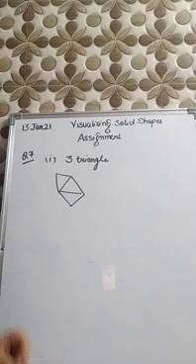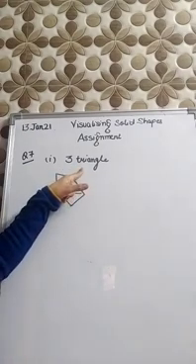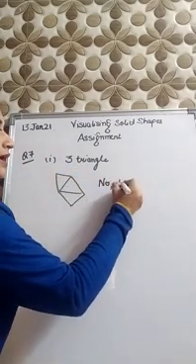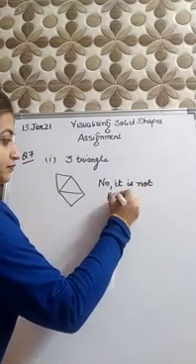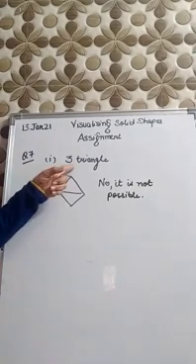At least 4 triangles, 4 faces are compulsory to draw a polyhedron. So it's not possible for us to draw a polyhedron with the 3 triangles. So you will write here, no, it is not possible to draw a polyhedron with the 3 triangles.